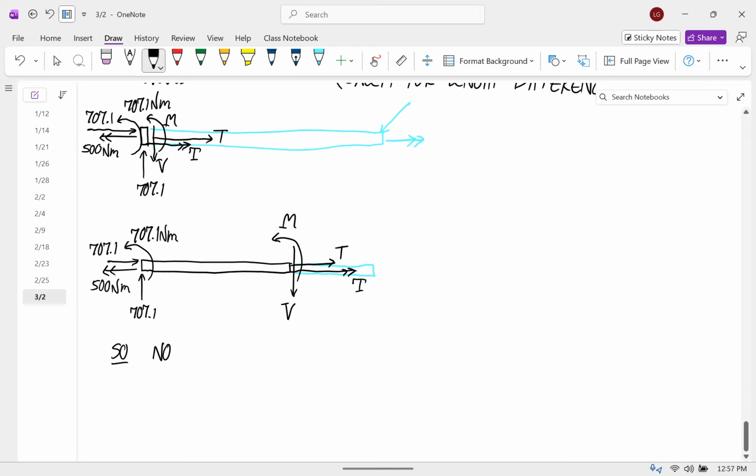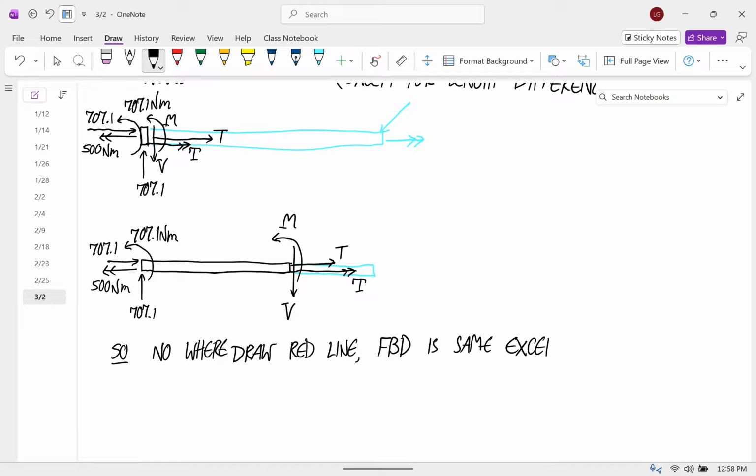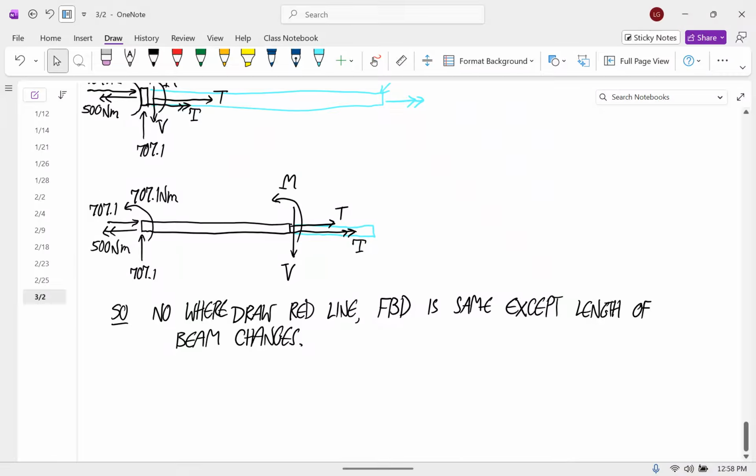So no matter where you draw that red line, the free body diagram looks the same except that the length of the beam changes.